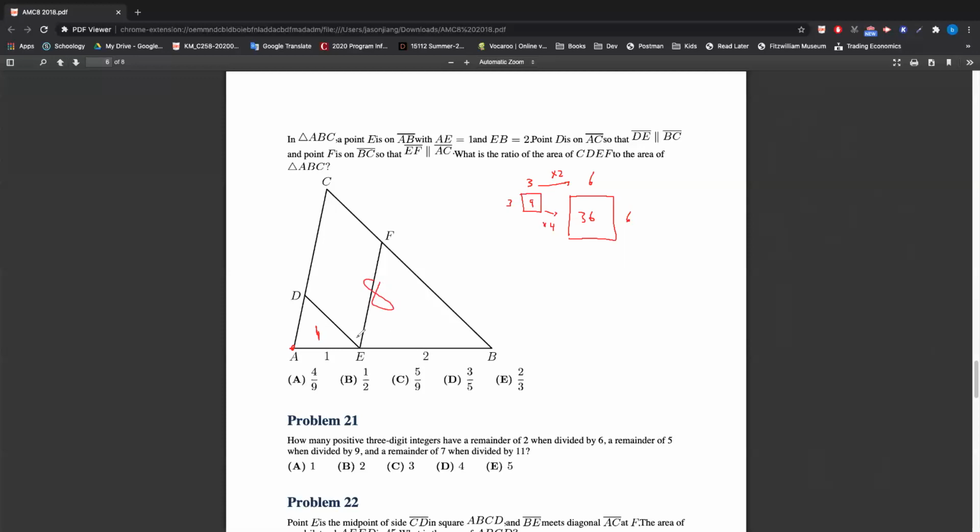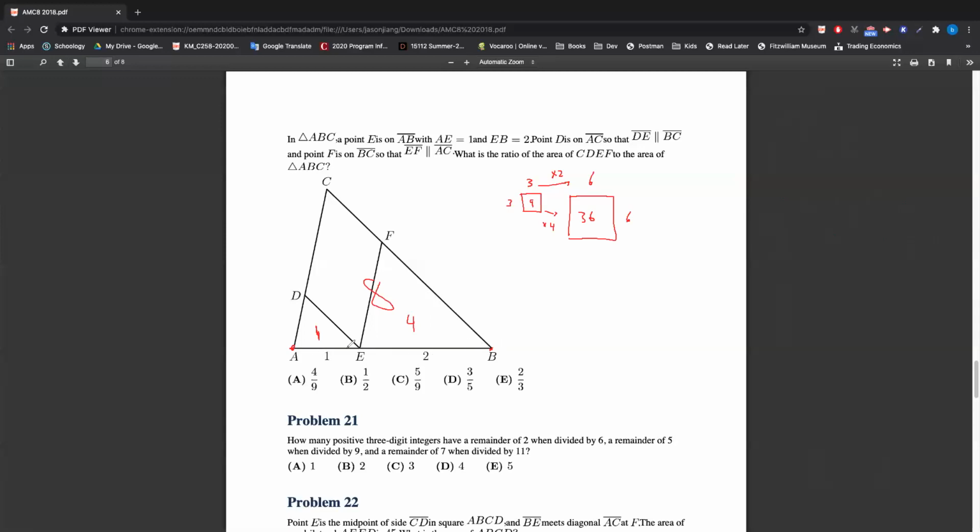And then looking at this triangle here, BFE is similar to BCA. It's similar because, once again, using B as the anchor point, we can scale it up. Not as much this time, but by 50%. So because we multiply by 1.5, the area of this one is, we'll just call it 4.